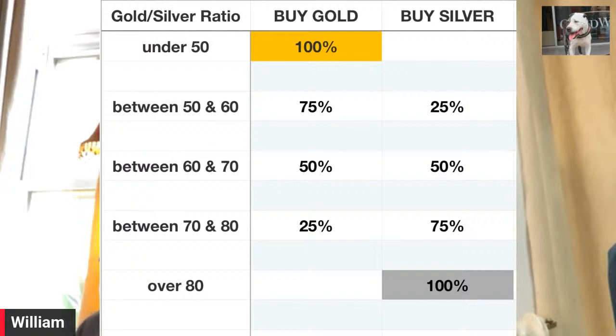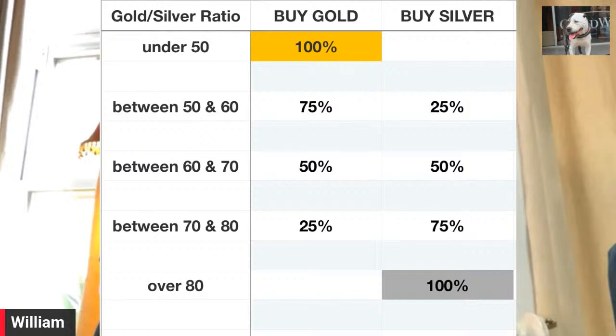chart. This is a chart I made. However, it's based on Mike Maloney's strict guideline. So Mike Maloney writes, I rely on the gold-silver ratio to tell me what to do.